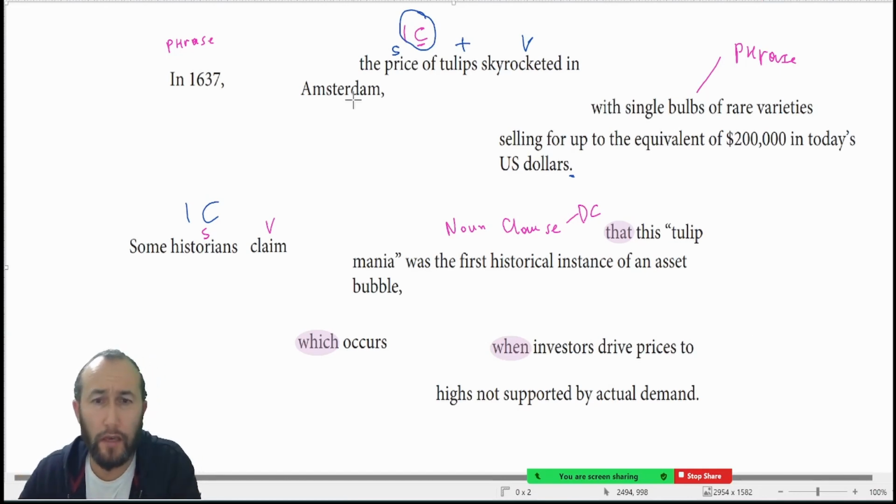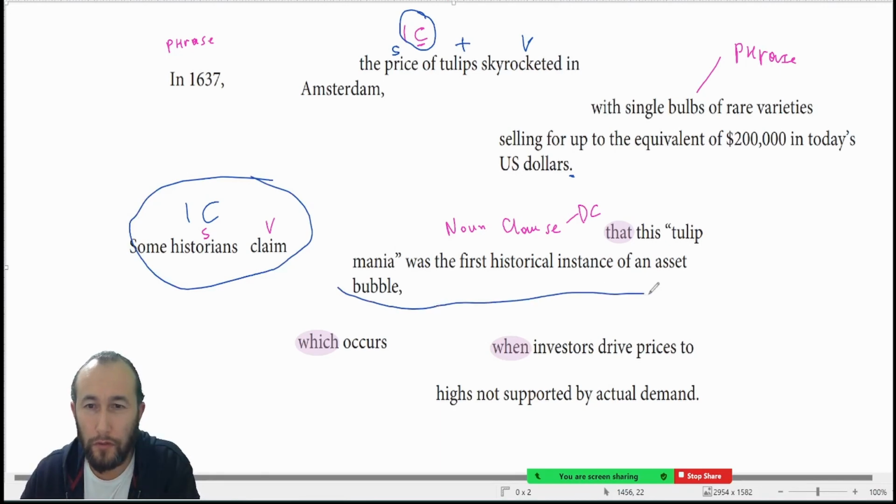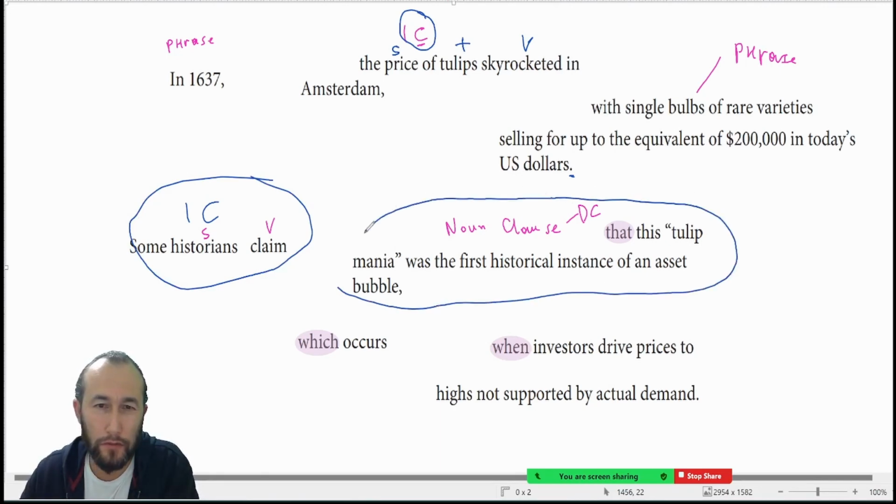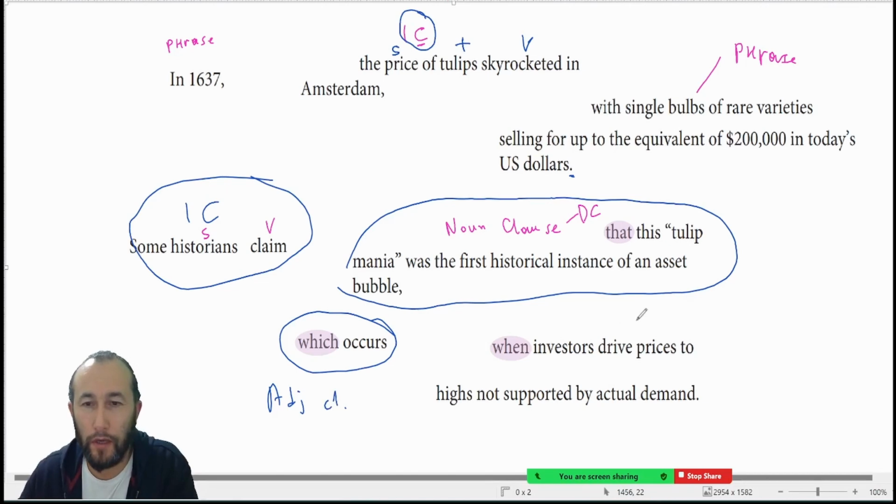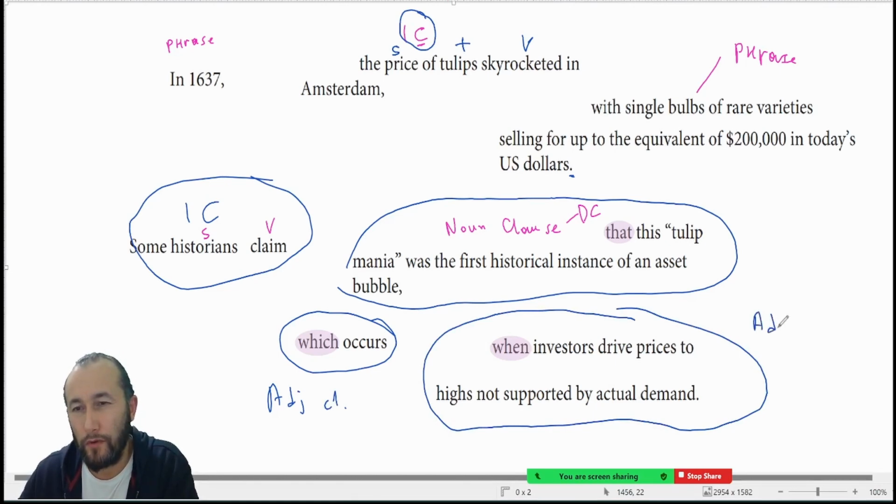So as you can see here, we got three big chunks. The first one is an independent clause. And then we got a noun clause. Then we got an adjective clause. And then we got an adverb clause, guys. Adverb clauses. You see?